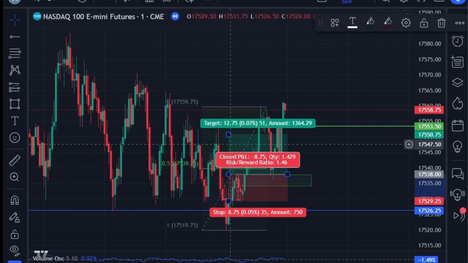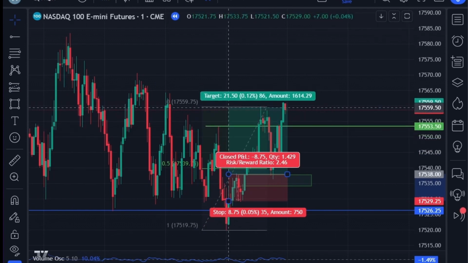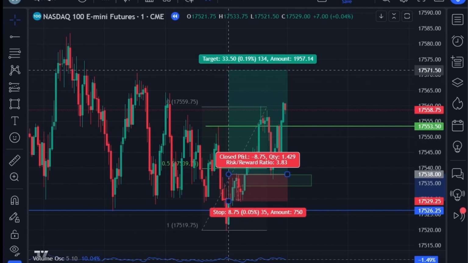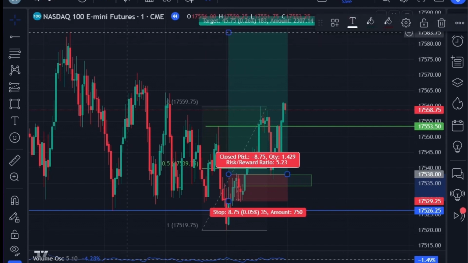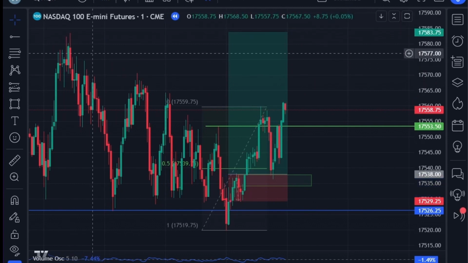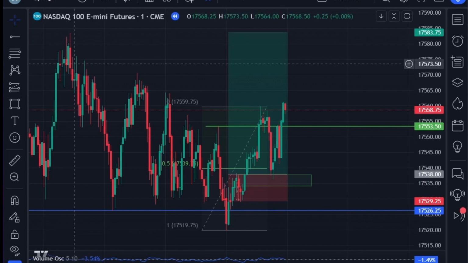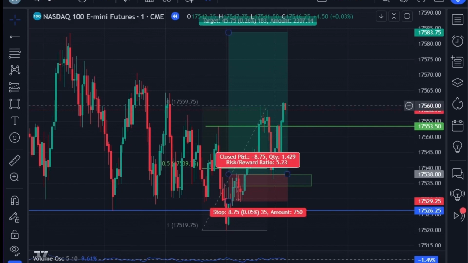And where could we target? First, we could target the level before it started retracing, the next high after that, and eventually here. So these are our take profits. Each one of our take profits will be at a previous high level, because each of these levels has stops above it, so the price will be reactive.